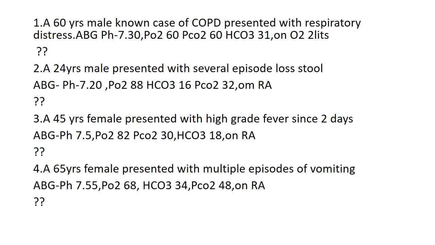Here the bicarbonate is 34, more than 24, so it is going towards the alkalosis side. And the CO2 is also high, 48, but it is going towards the acidotic side, that is respiratory acidosis. But the pH is 7.55, alkalosis. So the pH and the bicarbonate are matching. So the primary problem is metabolic alkalosis here, and along with that, we have a compensatory respiratory acidosis.